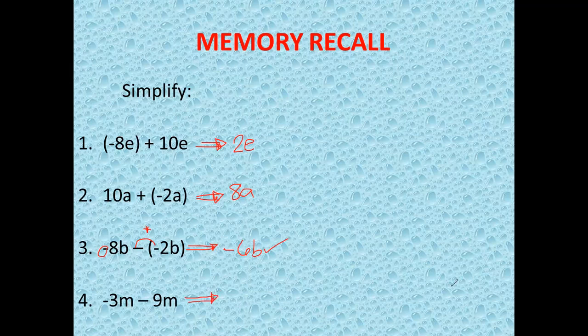All right, what about Chumpu? Negative 12m. All right. So that's good that you have recalled how to simplify linear terms. Very good, and I think you have now recalled all about simplifying terms.